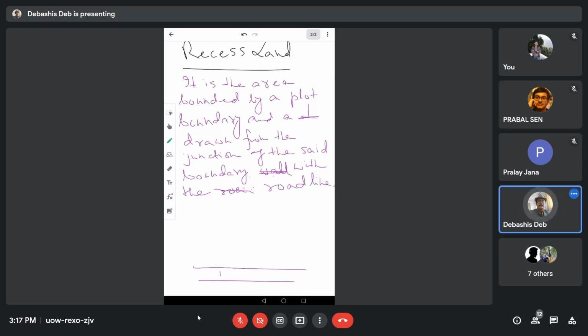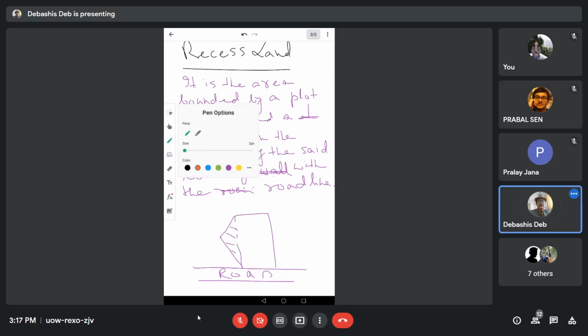Say it is a road. The plot is like this. I am considering this as a recess land. Why? It is mentioned. Let me start. It is the area bounded by a plot boundary.